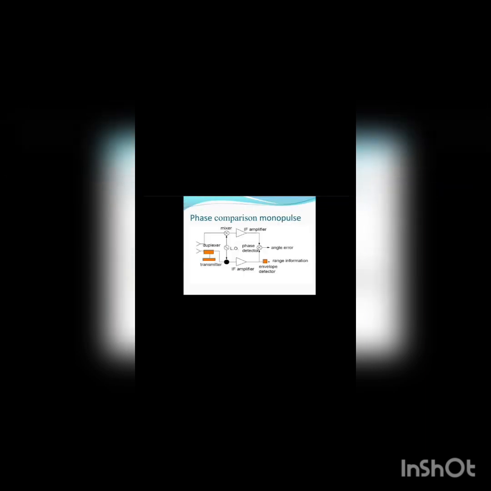An echo from a target at an angle theta to the boresight will arrive at one antenna later than the other antenna due to the extra distance traveled. The extra distance traveled by one echo with respect to the other is given by x equals d sine theta, or expressed as a phase difference, delta psi equals 2 pi d sine theta by lambda radians.